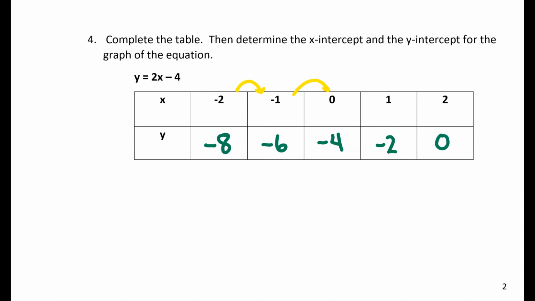You might notice a few things about this graph and the pattern. The pattern here on your x values is +1. And what is the pattern on your y values? You might notice those are +2.